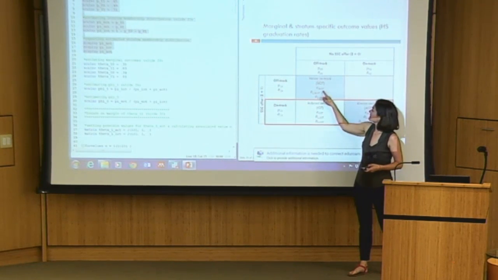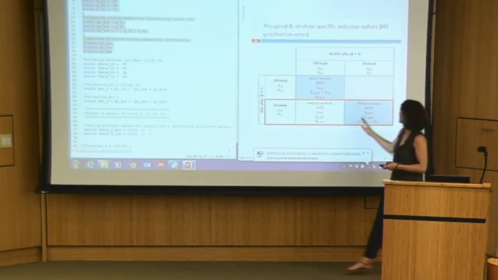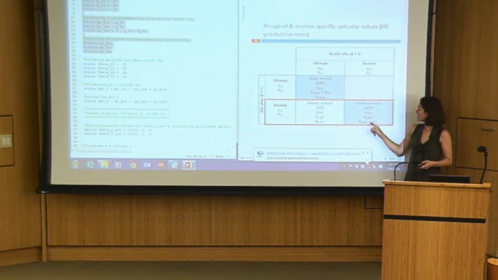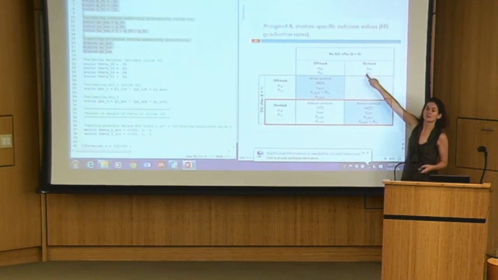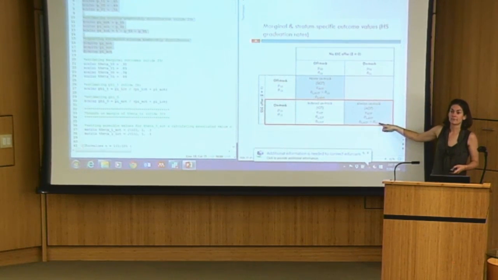That's just going to be equal to this marginal value. And similarly over here, we can identify this value. For those who are always on track, this value is going to be equal to the marginal value up here. And so we can point identify that as well.